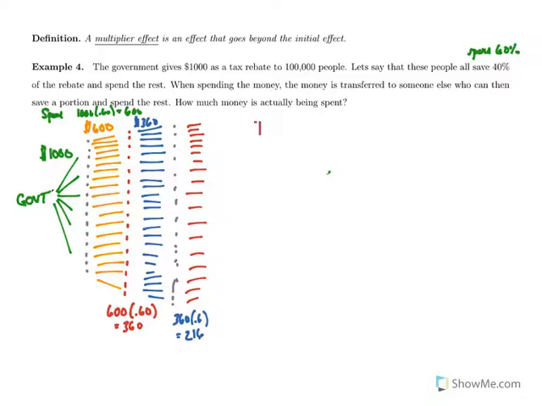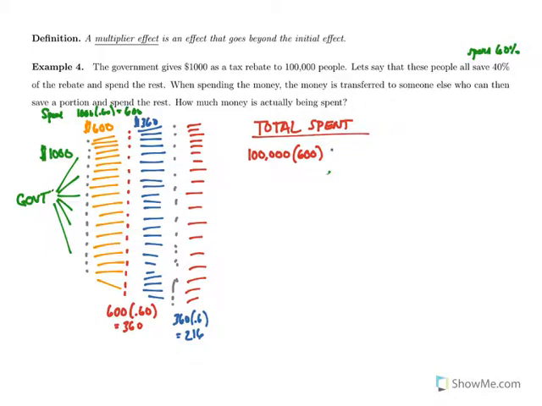So if we think about how much money is being spent here, well, we have at the beginning that 100,000 people are going to spend $600, right? 60% of that $1,000.